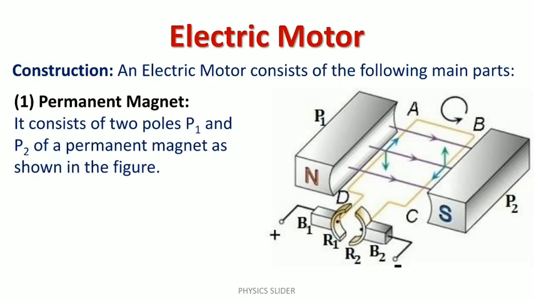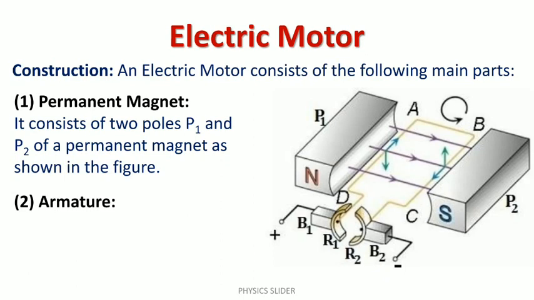It consists of two poles P1 and P2 as shown in the figure. You can clearly see here the pole P1, which is the north pole, and the pole P2, which is the south pole.